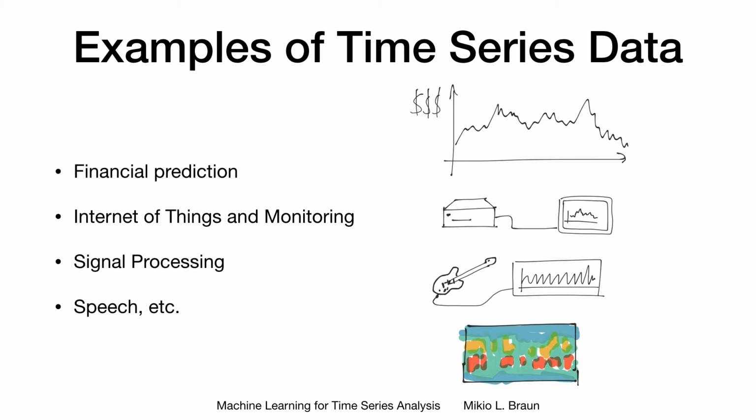And then currently the Internet of Things and monitoring: we have lots and lots of sensor data from server farms, from energy plants and so on, and it's just too much data for humans to look at. So there's a huge need to understand this kind of data. And then, more classically, signal processing and audio and other kinds of signals, this is also classical time series data, for speech and so on.